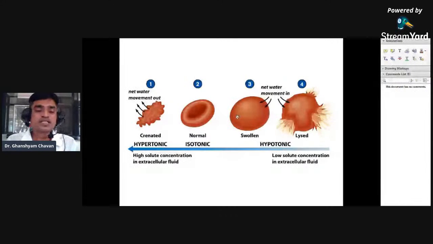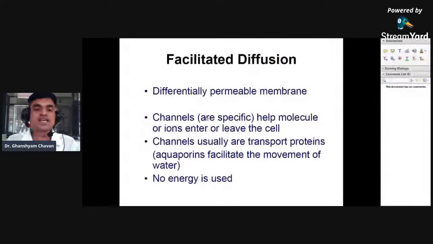What is the effect of these hypertonic, isotonic and hypotonic solutions on our RBC or other body cells? Now we will start with facilitated diffusion. Facilitated diffusion is a type of passive diffusion.